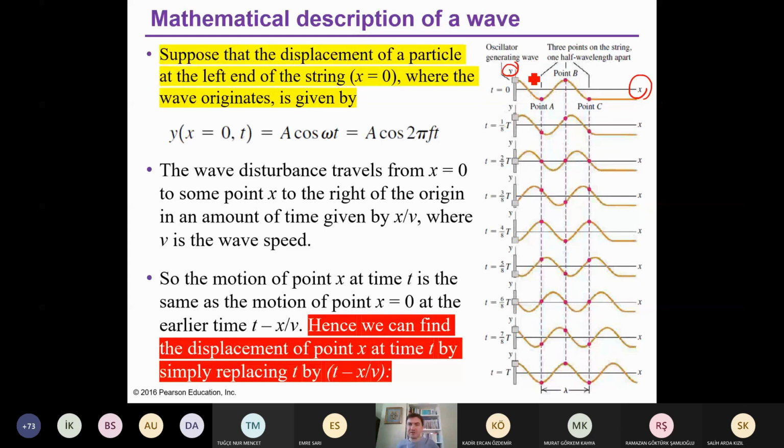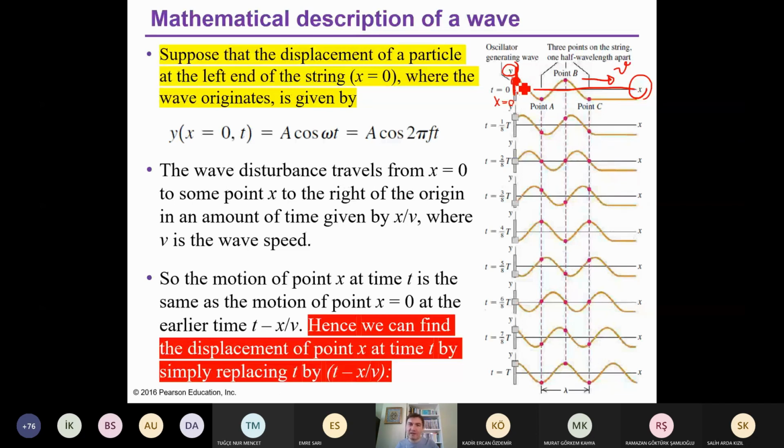This is the x-axis. And here you have a particle on the string where x is equal to 0. This particle is moving up and down along the y-axis. Is it clear? The particle is moving along the y-axis up and down, and the wave is moving to the right along the x-axis.